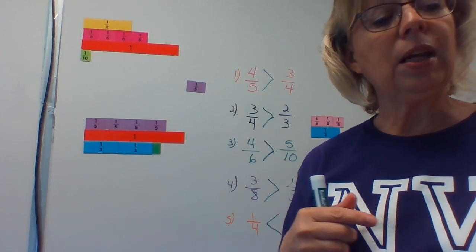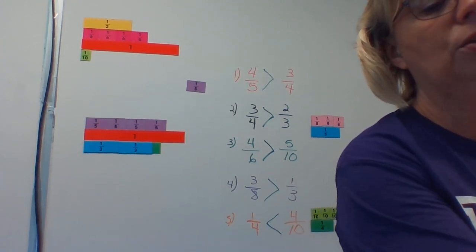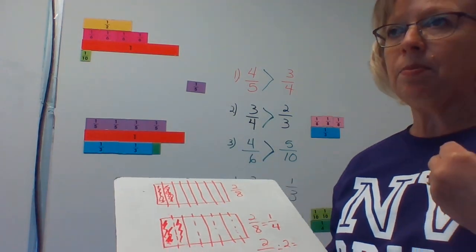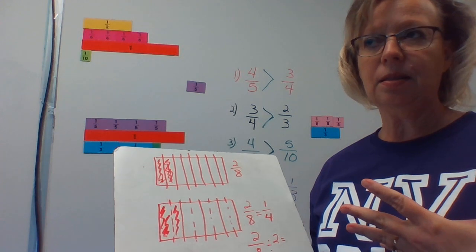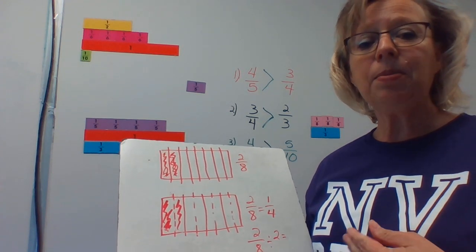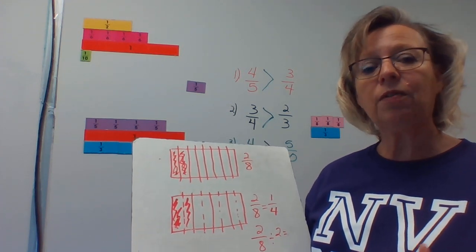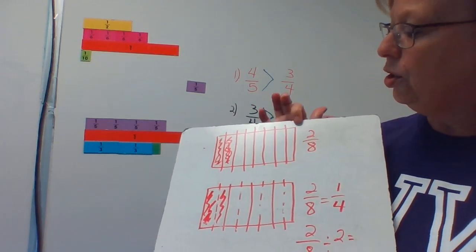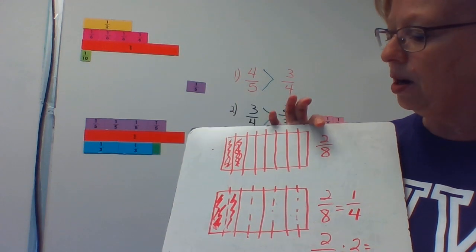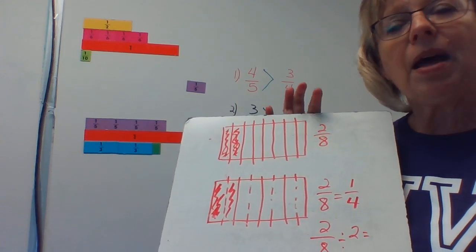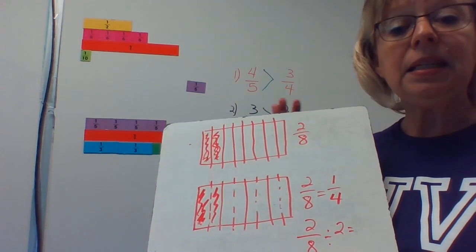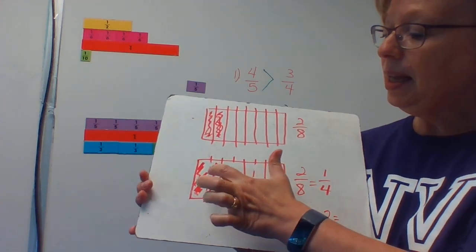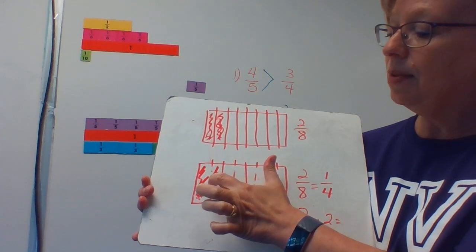The other thing I want you to think about on your work that's going to come up is having a lot of pieces, and if you find out you don't need as many pieces, how can you use division to find an equivalent fraction? So I'm showing you an example of 2/8, 2 out of 8 parts. And when I think about, oh, I didn't really need to divide my shape into that many pieces. What if I take some of the lines out?